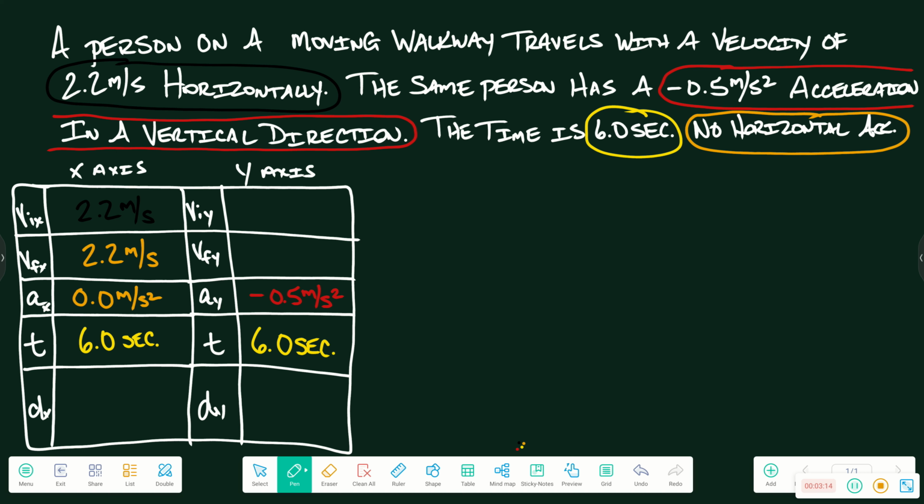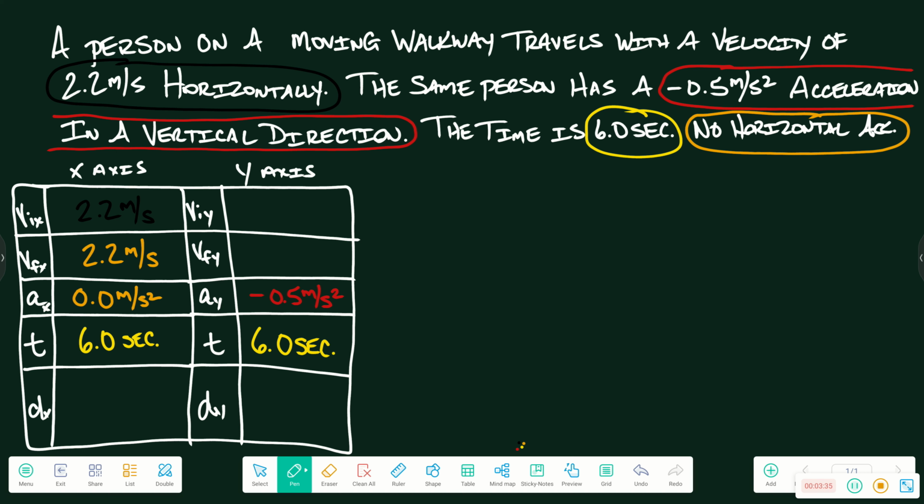So you filled in what you've been given and what you know. Now you need to go ahead and solve for the displacement of x, displacement of y, initial velocity of y, and final velocity of y.